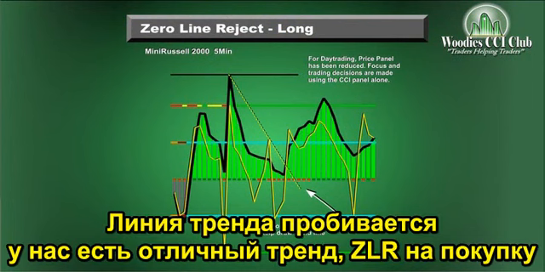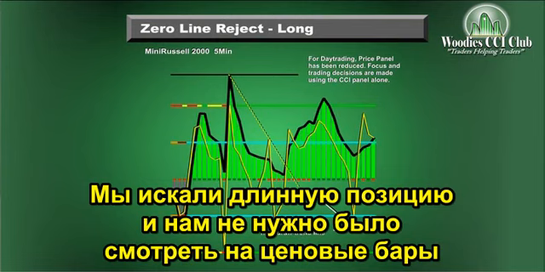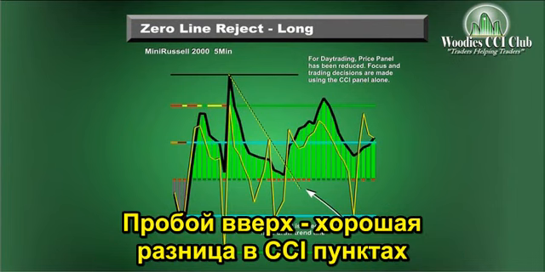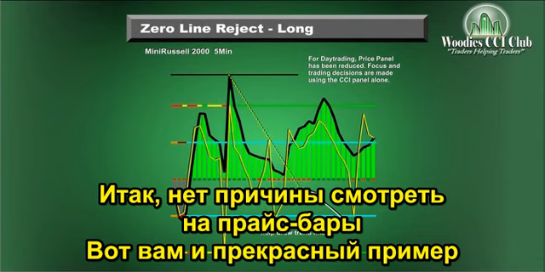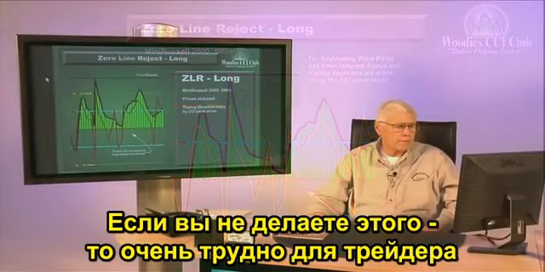We have a nice trade to the long side, solid blue on the chop zone indicator, solid green on the sidewinder. We were looking for longs, and we don't need to look at price bars. Our trigger is that bar right there, breaking that up with good CCI points. So there's no reason to have to look at price bars. That's a perfect example right there, and you make your decisions by using the CCI trading panel by itself.